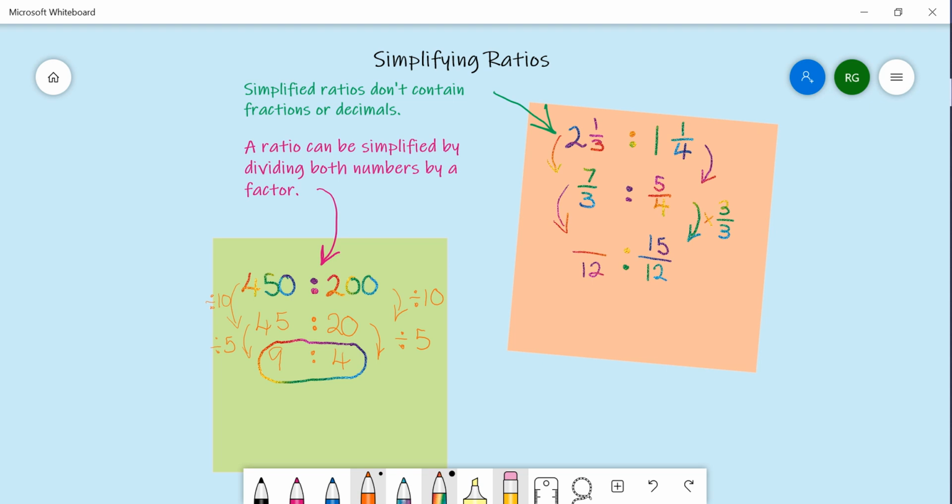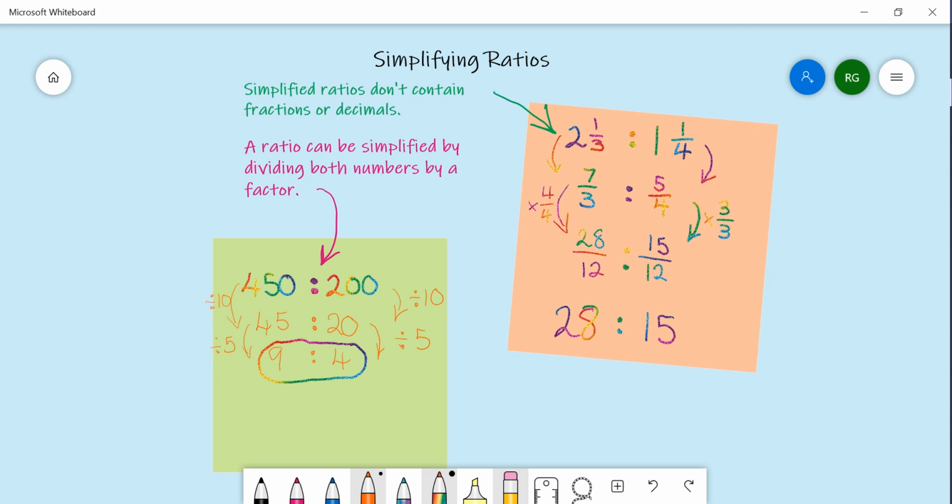On the other side, we need to multiply it by 4/4. And in this case, we get 28/12 in a ratio to 15/12. Now, because we're comparing 12ths and 12ths, and on one side we have 28 of them, and on the other side we have 15 of them.